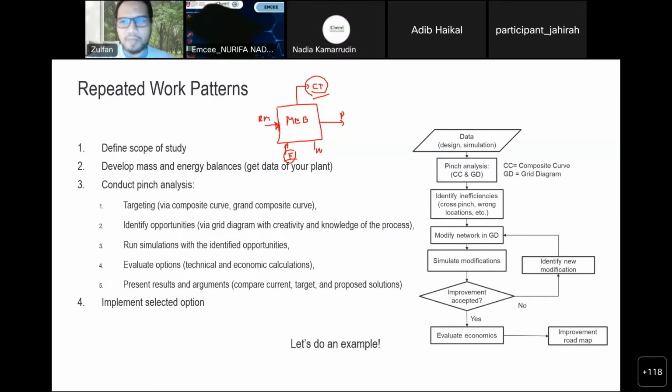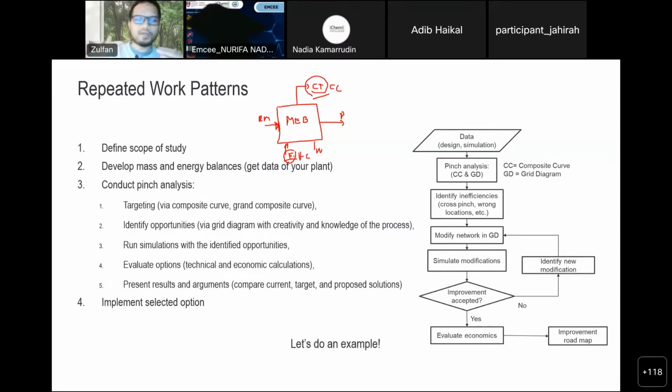Then compare the composite curve results, the targeting: how much is the minimum hot utility requirement, how much is the minimum cold utility, and compare cold utility with this one, and hot utility with this one.